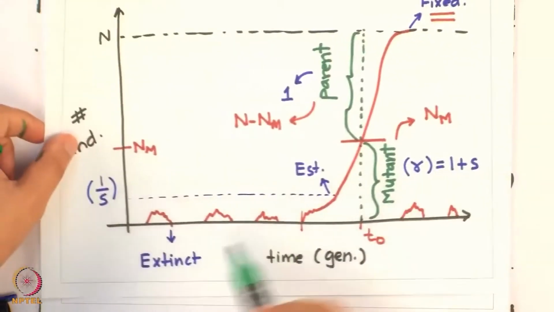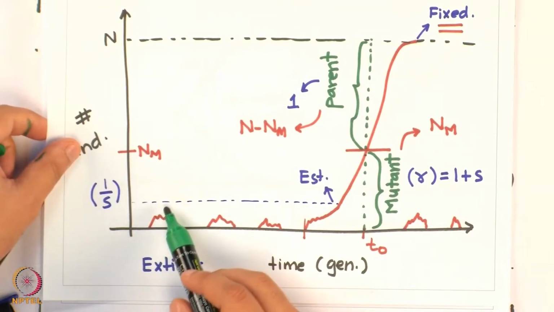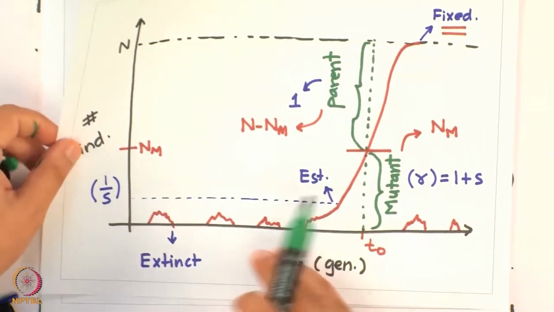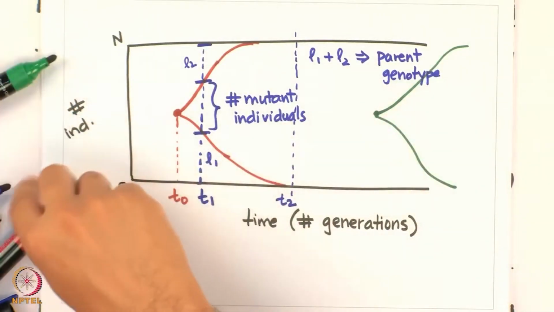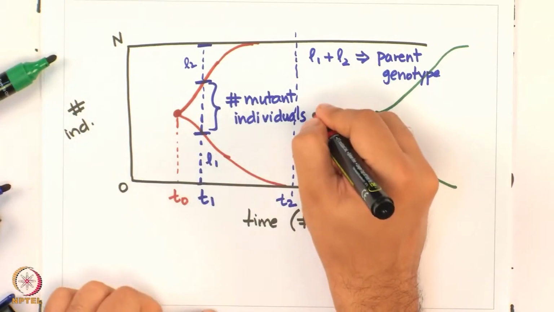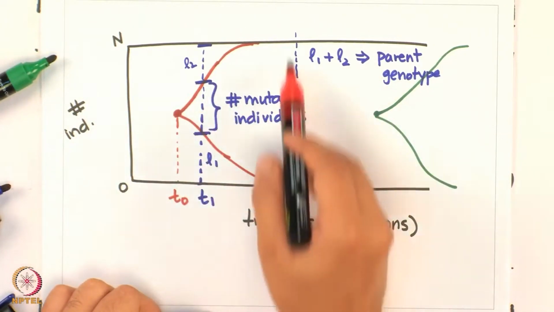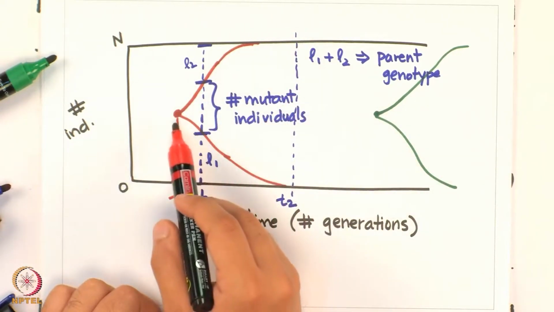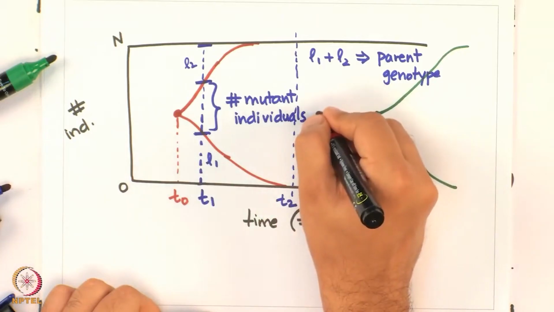So, how do we represent these mutations which happened but their numbers could not establish themselves and they went to extinction? Those mutations are represented in this representation like this. So, at this particular time point, this mutation has become fixed and now another mutation arises in one of the individuals.